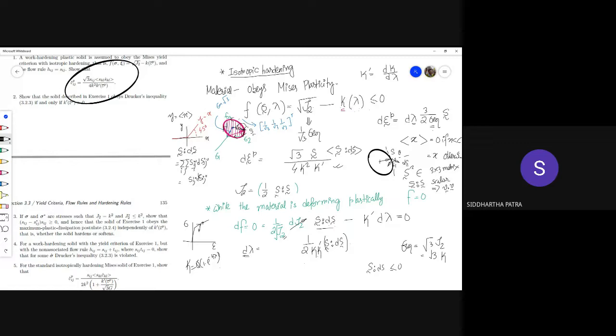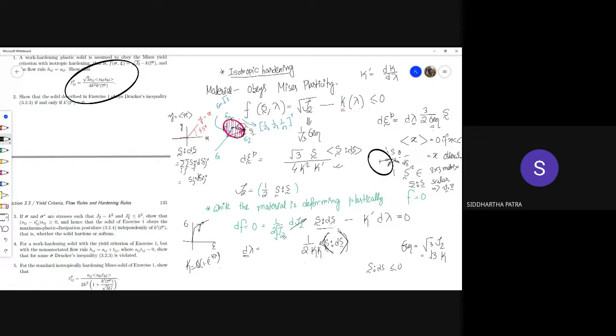In such a situation, you would be moving away from the surface, moving inside the surface, not just away. So basically, you would be unloading, and therefore your d lambda is 0.